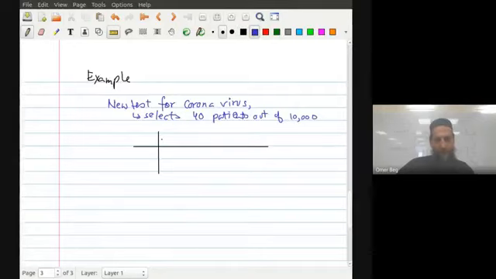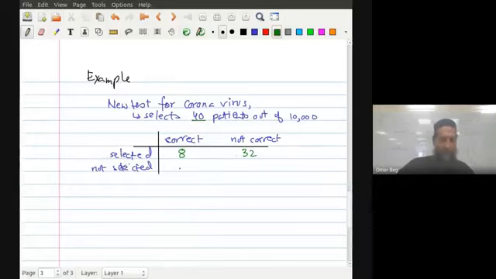So these are the correctly identified patients, not correct. Then there's selected by your test and not selected by the test. Let's say out of the 40, 8 were correctly selected and 32 were not correctly selected. So it selected 8 correctly and 32 incorrectly.